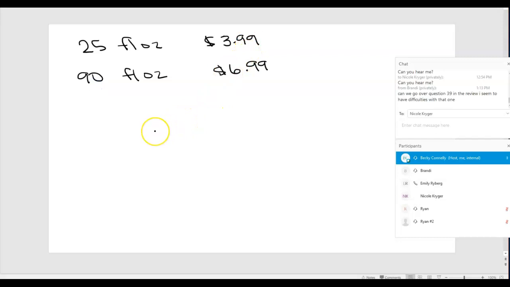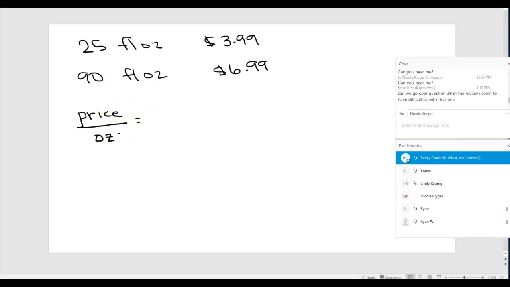When it's asking you to find the better buy, what you're really finding is the price per ounce. So you always want whatever the price is on top, your first number, so that when you divide, you have it in the right order.